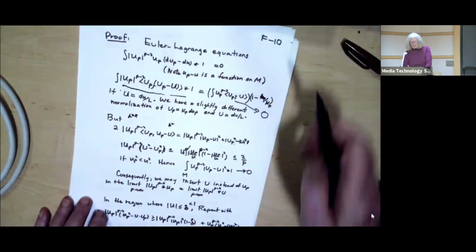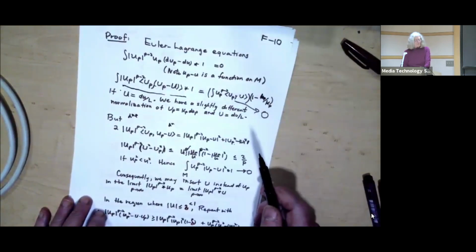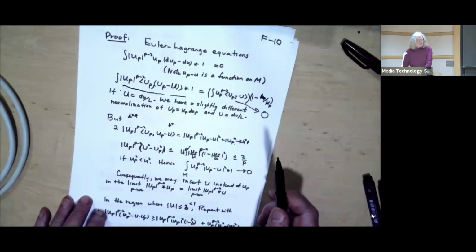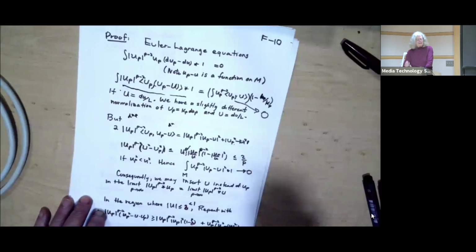And what did I use about u? Well, I didn't use anything except that du was less than or equal to the Lipschitz constant. That's all I used. So that's the Euler-Lagrange equations for the u that I put in here.